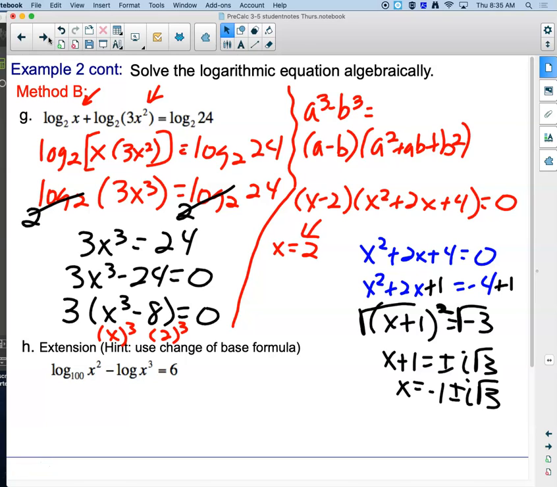But if we take those two imaginary answers and we put them in this first position where x is right here, negative 1 minus the square root of negative 3, negative 1 plus the square root of negative 3, either way, we don't care about those imaginary solutions, and they're not going to work because it's going to come out to be negative, and you can't raise 2 to a power and get something imaginary or something negative.